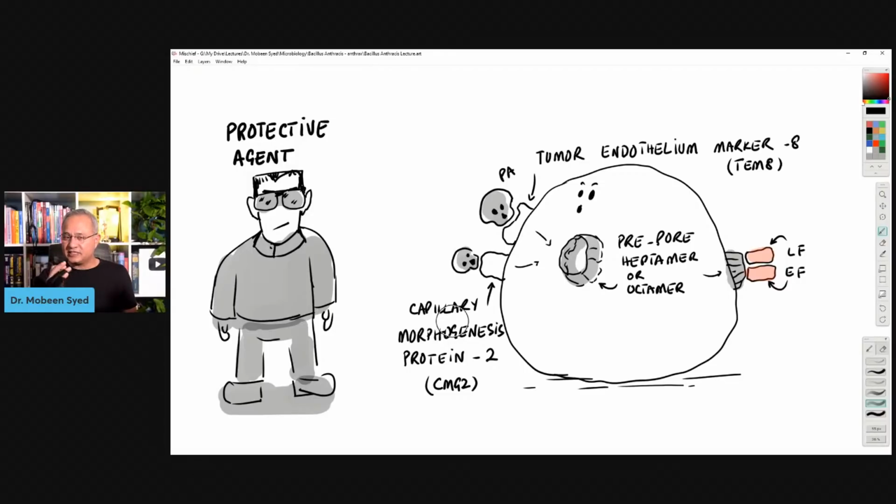When the protective agent is cleaved and activated, a number of protective agent proteins come together to make a hole, to make a pipe-like structure in the surface of the cell. It is called a pre-pore formation. How clever that these protective agents, we are helping it. They come and bind with our receptor.